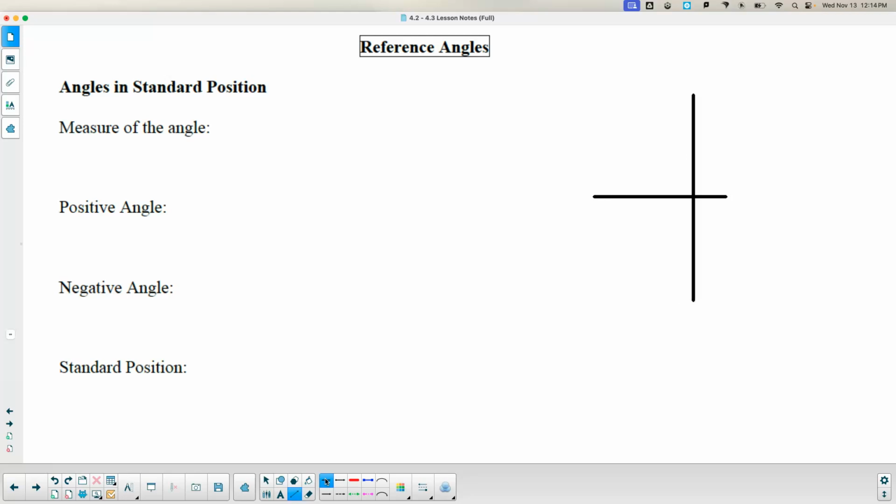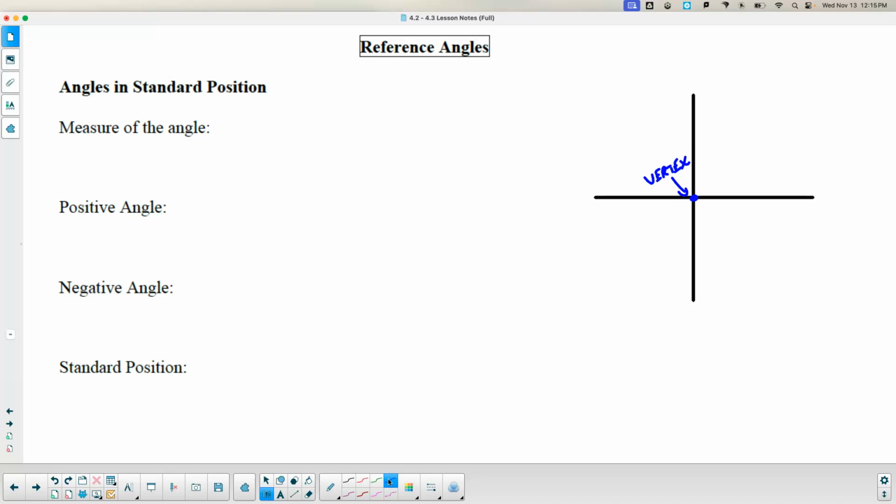If I draw myself a Cartesian coordinate system, the x-y axes, an angle in standard position has 3 parts. The first part is it has a vertex. You've all heard the term vertex of an angle before. It has a vertex.